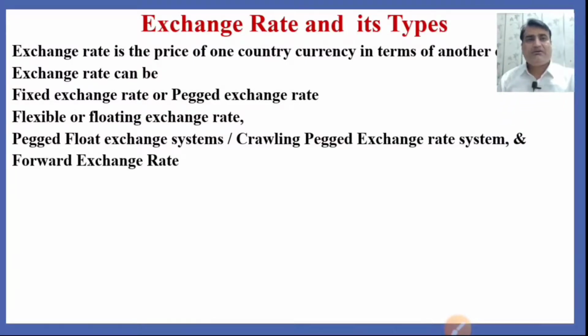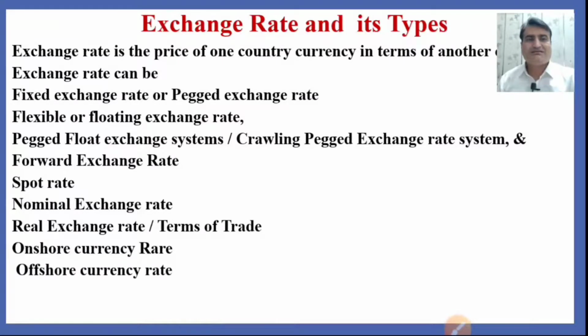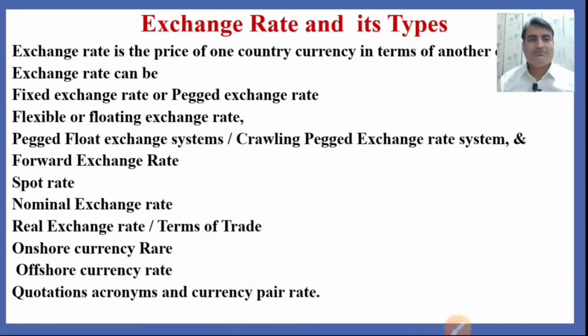It can be a forward exchange rate, a spot rate, nominal exchange rate, a real exchange rate, onshore currency rate, offshore currency rate, and quotation acronyms and currency pair rate. So in this lecture, we shall discuss all these things.